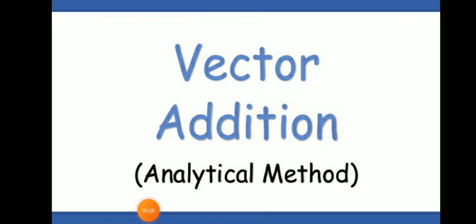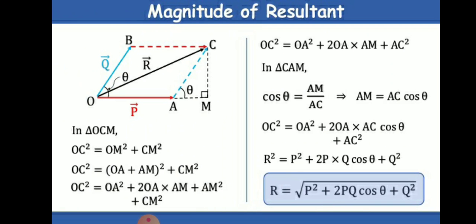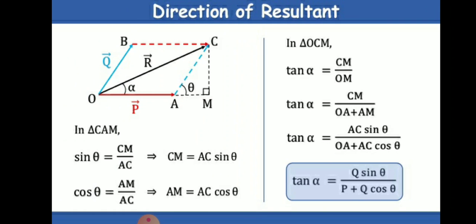In the last video we studied vector addition by the analytical method, and we studied this derivation: the magnitude of the resultant of two vectors, R is equal to the square root of P square plus Q square plus 2PQ cos theta. Now let us study the direction of the resultant of two vectors.